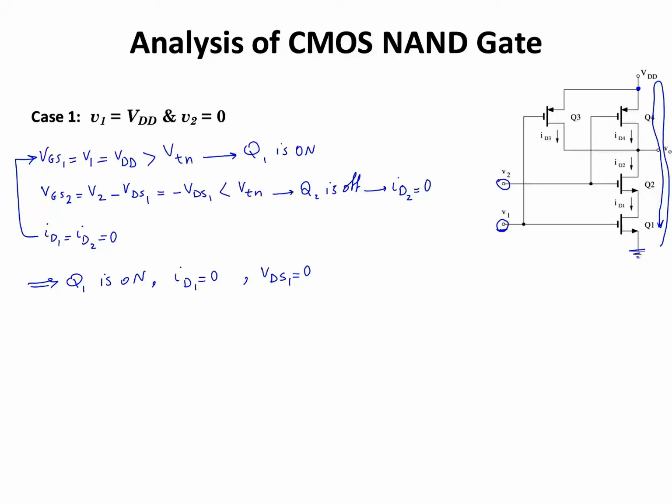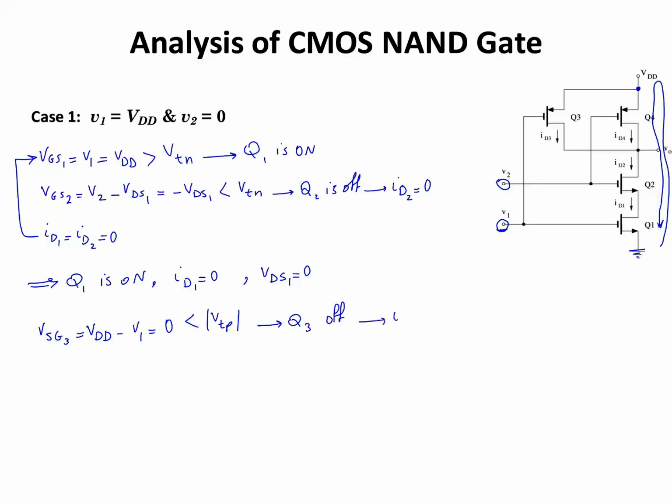Let's take a look at the KVL for gate to source of Q3. For VSG3, I have VDD minus V1. Because V1 is at VDD, VSG3 is going to be equal to 0. This is less than the threshold voltage for PMOS, and as a result, Q3 is off.